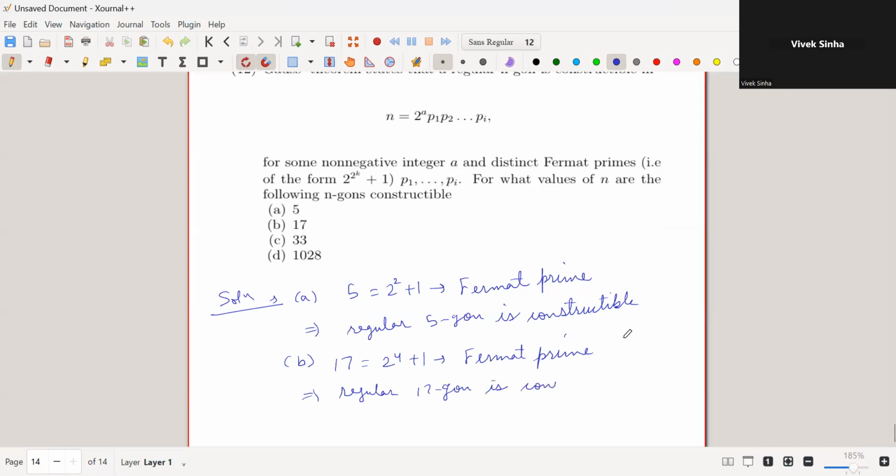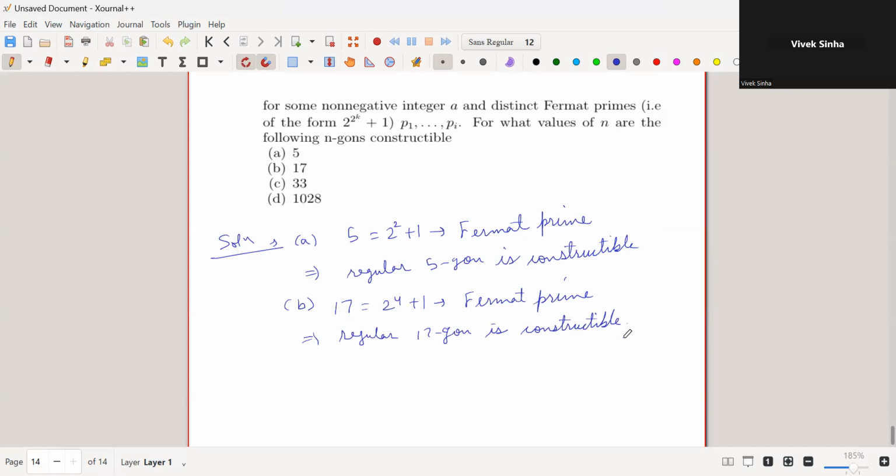33 also. 33 is, so we can write 3 into 11. We cannot write 33 as 32 plus 1, because it's not a prime. So first of all, this is not allowed. Let me clarify that. That's why this 33 number is being put, because people can try to write 2^5 plus 1.